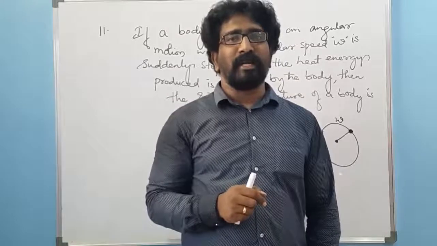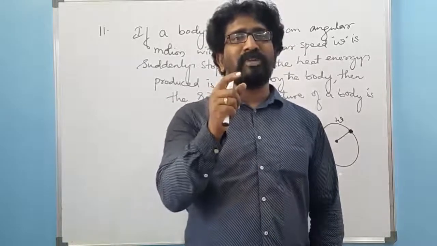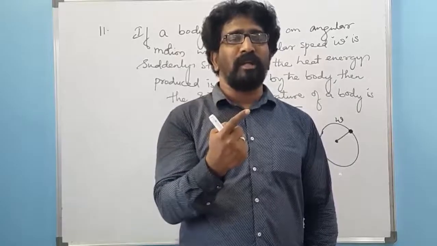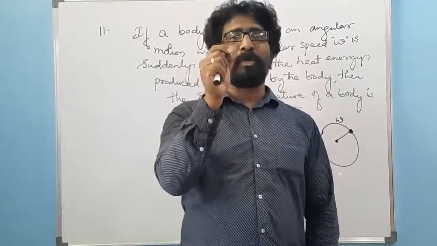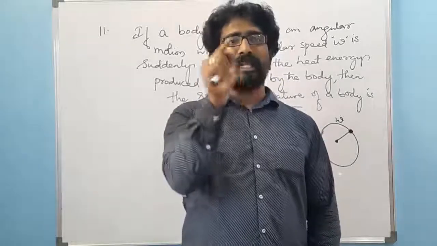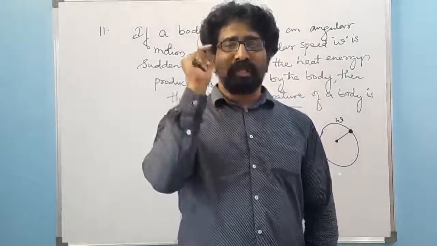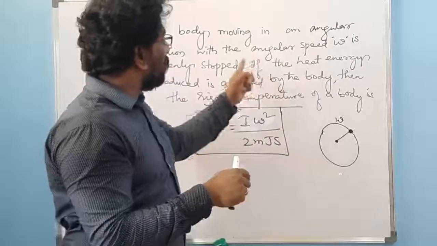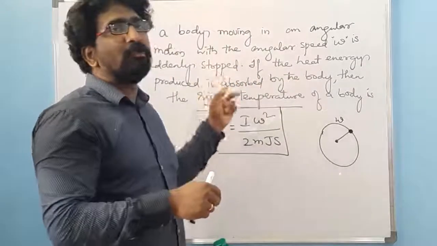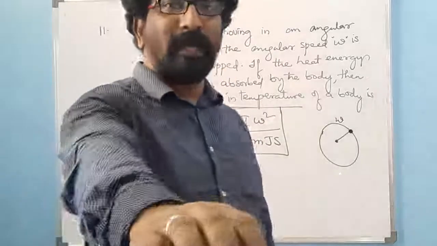Have you seen that kind of news? Means what has actually happened? Because it was continuously in rotatory motion, heat is produced where it starts rotating. The heat produced here will be absorbed by the body. This body can be anything.